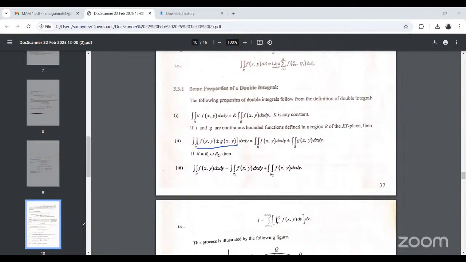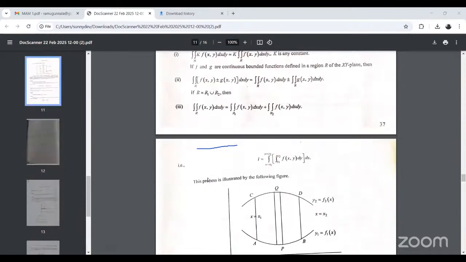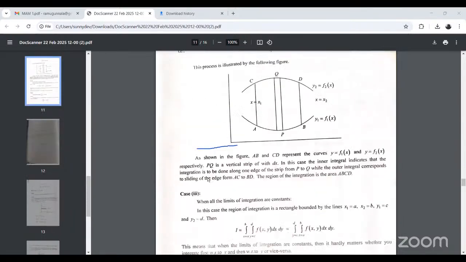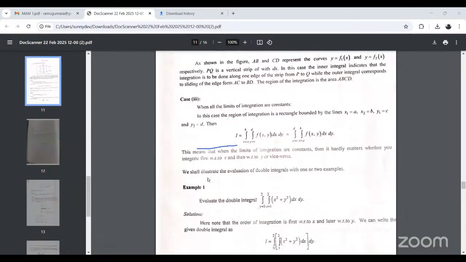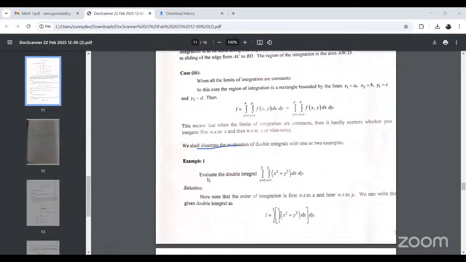This is the general thing, nothing to worry about, but we need the problems. The problems here are very important and compulsory in the examination.